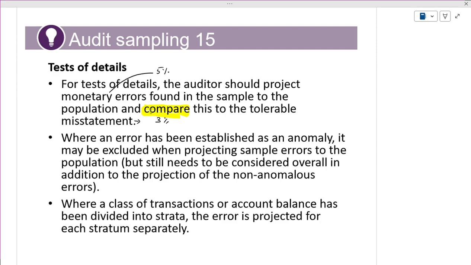Okay, test of details. Now, when the error has been established as an anomaly. Anomaly means what? Any idea about anomaly? Something suspicious?